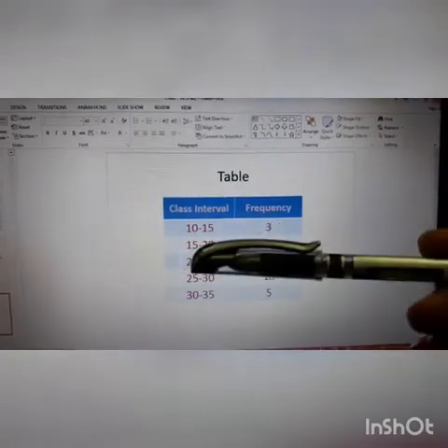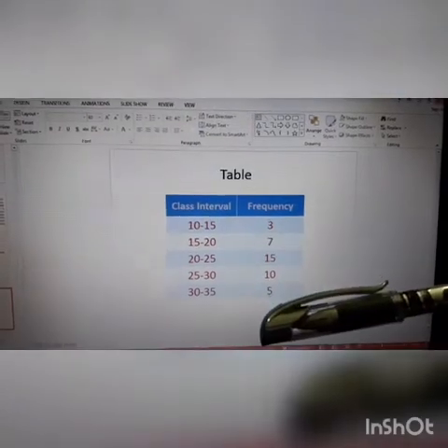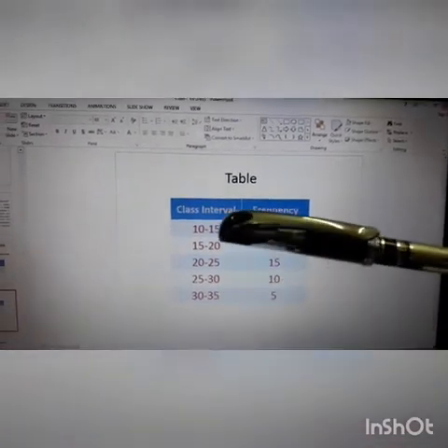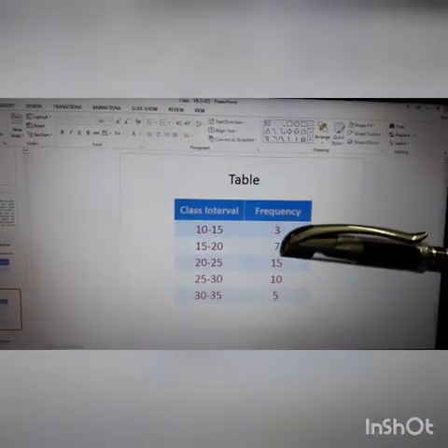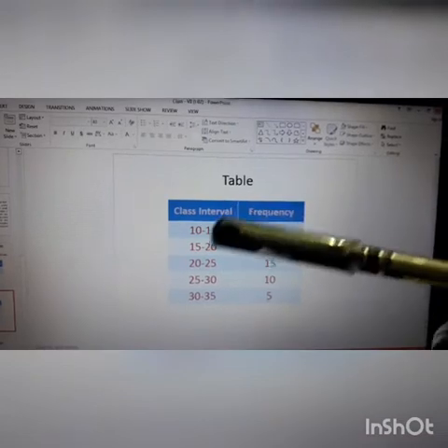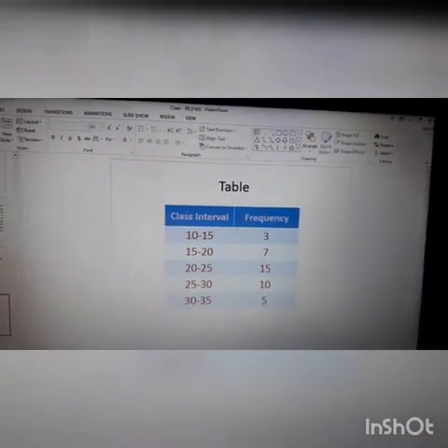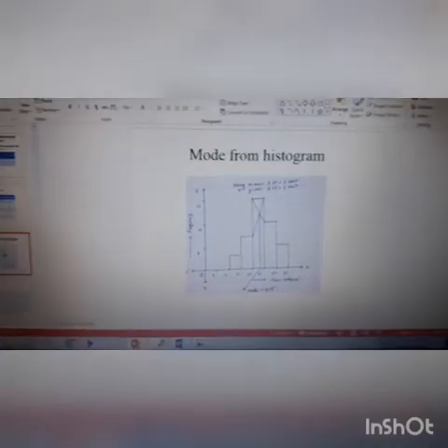To draw a histogram we just need the class intervals and the corresponding frequencies. So no other data is essential, which is why this table is sufficient to draw the histogram. Now the histogram.